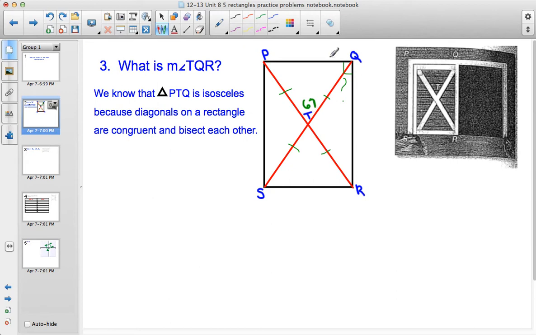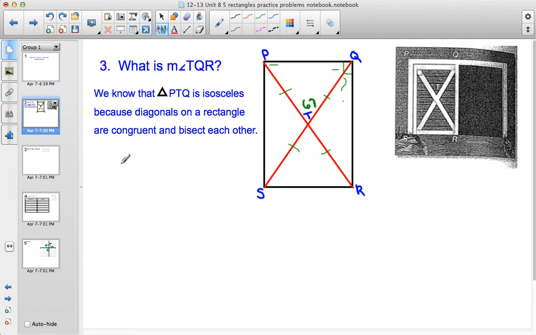And if that's true, then we have an isosceles triangle. So that's going to make it a lot easier. So what I can find is this angle and this angle. And so once I know angle TPQ and angle TQP, I can then use that information to get TQR.